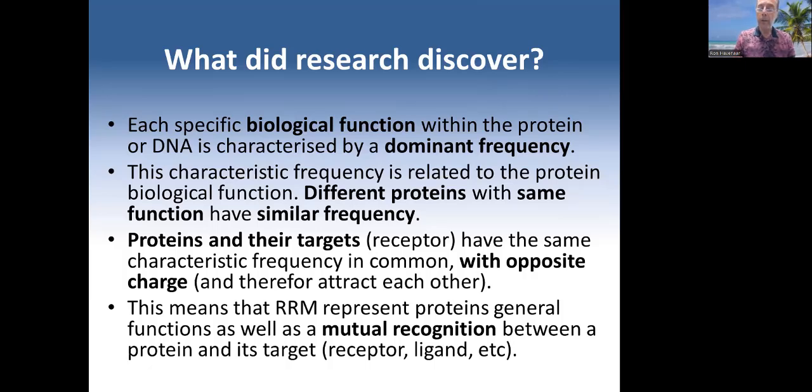They find the sequence of the protein, the linked amino acids, and they give all the amino acids a specific number. Then they discovered that the molecules attracted by that protein have the same frequency but the opposite charge.